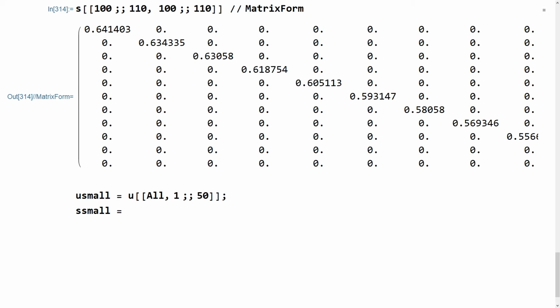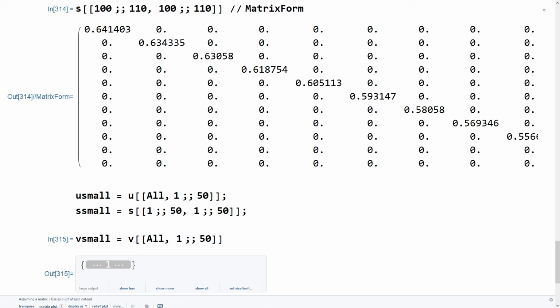Same thing with the singular values. But here, remember, this is square. And then finally, our small version of V, which is V, all rows and columns 1 to 50.